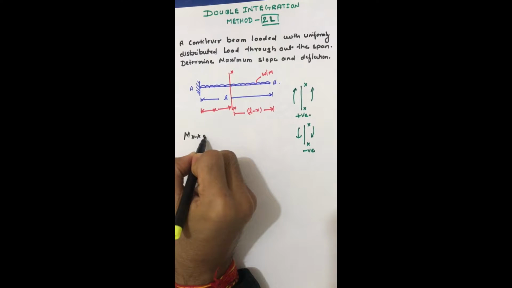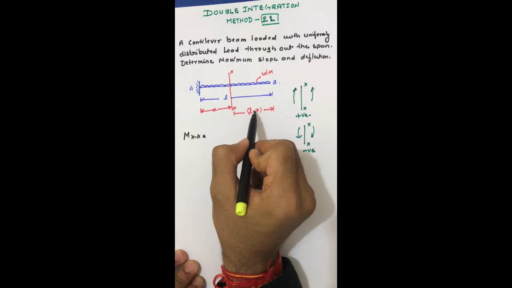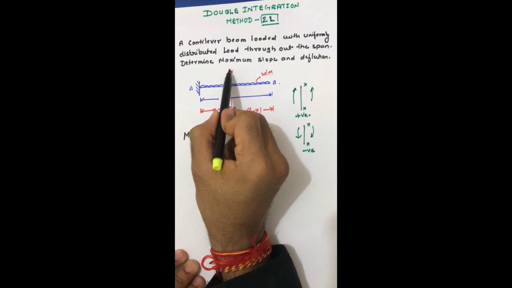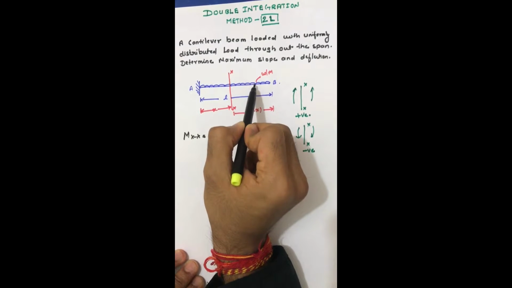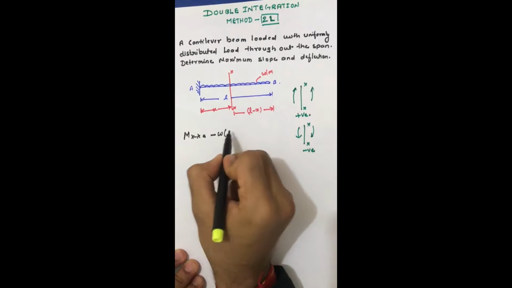Mxx value will be, since it is given W and it is acting over a length of L minus x, see, it is our section and it is acting towards the right of the section and it is acting downwards, so we are taking it as negative.